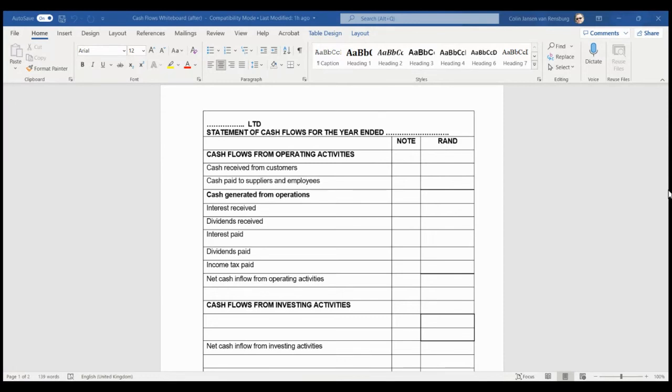Our balancing figure will then represent the flow of cash, or as Tembisa said a little bit earlier, as well as Vimba Nashe, your bank account contra entry, right? Remember, when your contra entry is bank, it reflects a flow of cash. If you debit the bank account, it's an inflow of cash. If you credit the bank account, it's an outflow of cash.